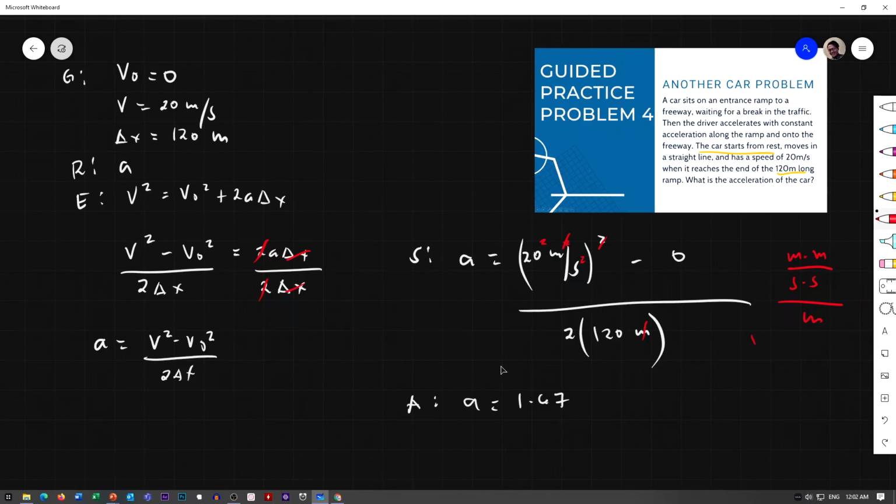So rewriting it will be meter multiplied by meter. Then I'm just going to write the second squared multiplied by 1 over meters. So rewriting this, you look for the reciprocal. As you can see, you can cancel this. So you're left with the unit of meters per second squared, which is of course the unit for acceleration, the one that we want.